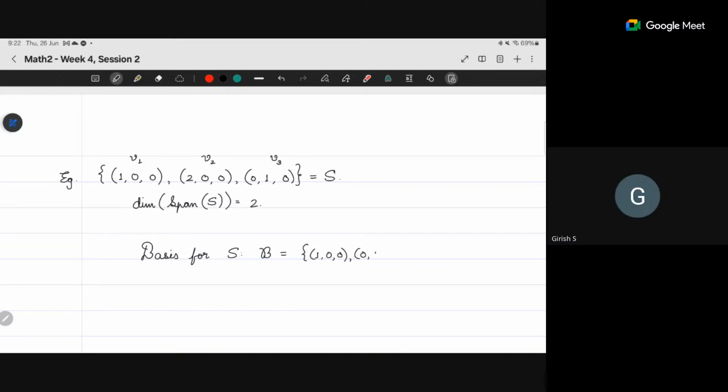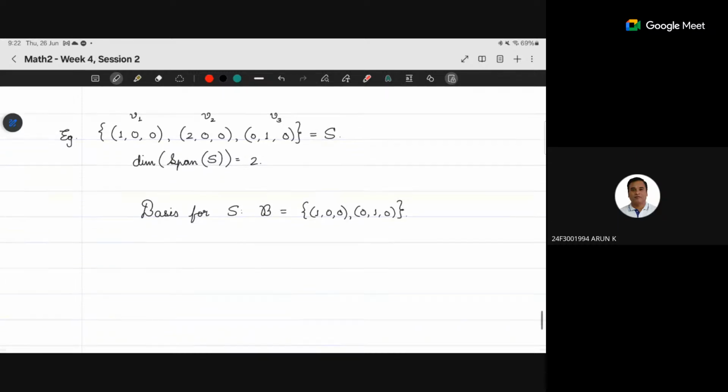This works. Or we could have removed V2 also. That also works. But you cannot remove V3, right? If I remove V3, then I'll just get a one-dimensional space. I'm essentially removing the required thing.